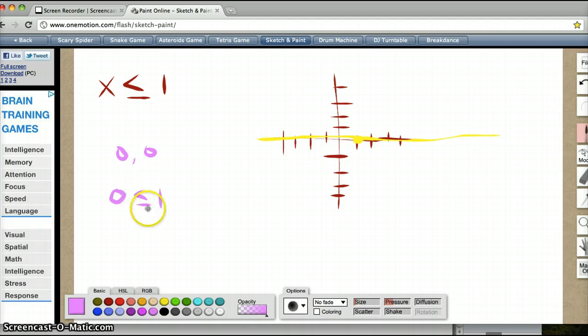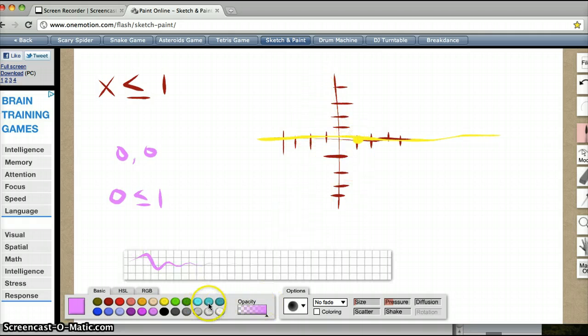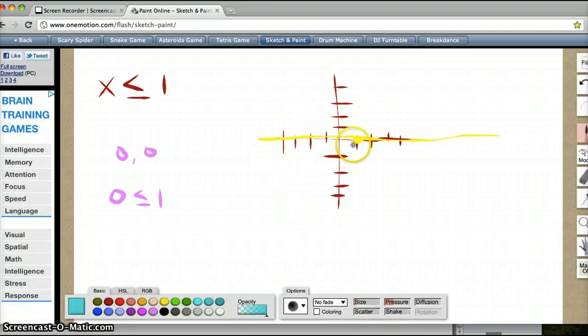So because it's true, we're going to go ahead. Oh, actually, because the point's on our x-axis, we're going to draw our line this way. And since this is true, we're going to shade in this side. Okay?